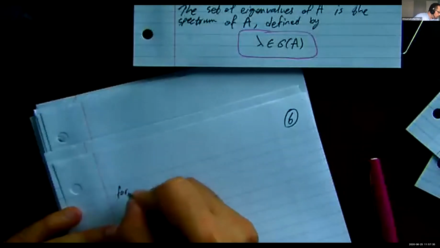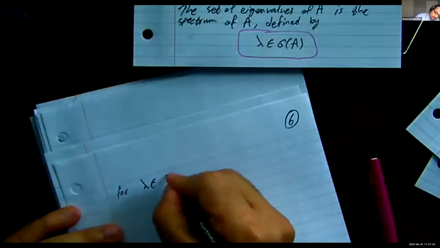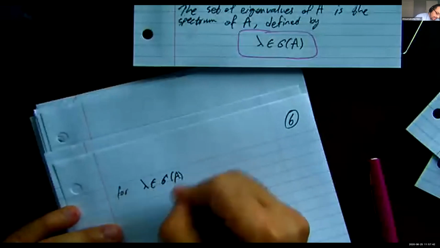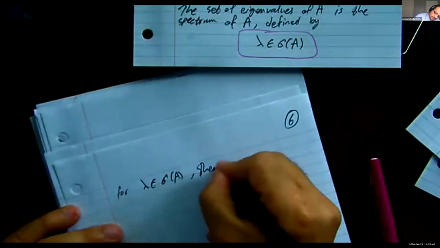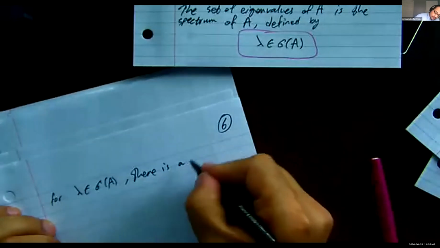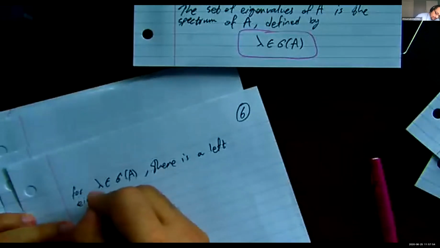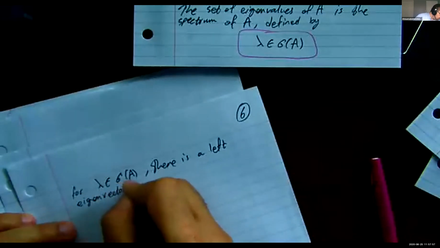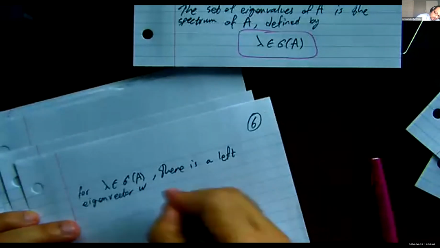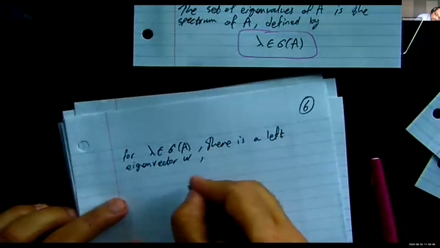For lambda belonging to the sigma of A, there is a left eigenvector W, and the left eigenvector satisfies the following equation.